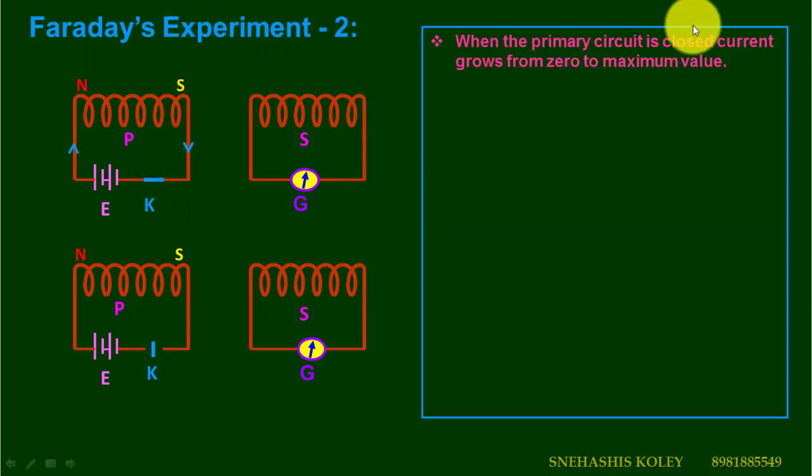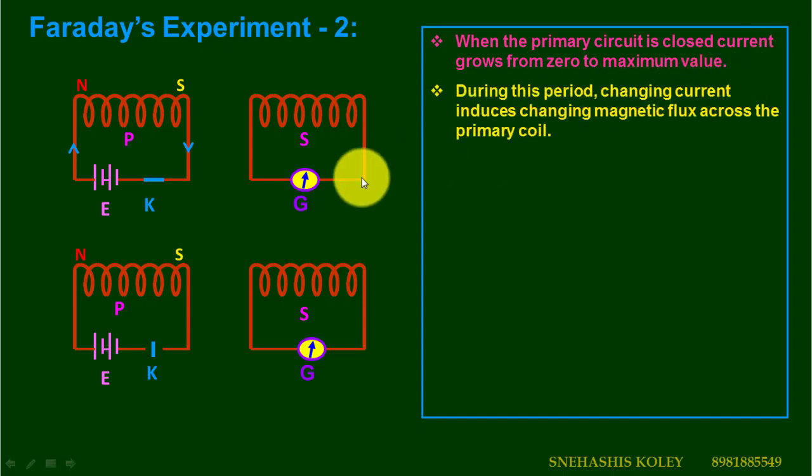In this experiment, you have observed that when the primary circuit is closed, the current grows from 0 to a maximum value. That means the current will increase, and during this period, the changing current induces a changing magnetic flux across the primary coil.